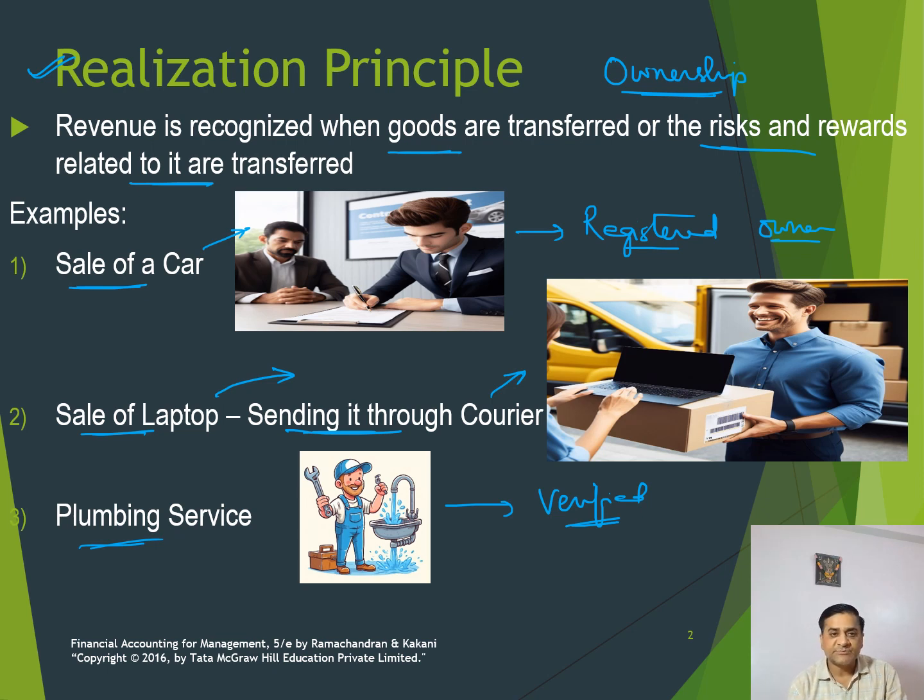So this principle says the timing when the revenue is to be recognized in the books of the seller. The simple rule would be when you transfer the ownership, or when the goods and their related risks as well as rewards are transferred to the buyer. Then only we would consider that to be a sale or the revenue recognized.